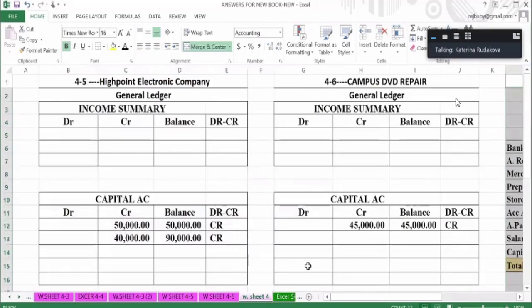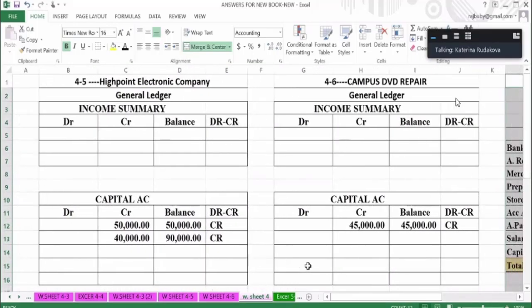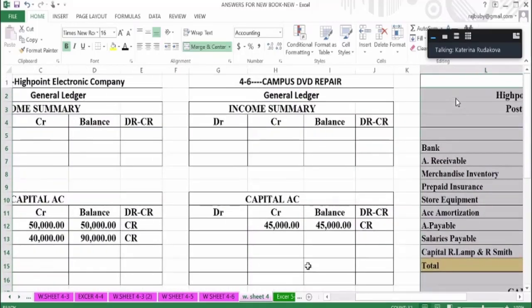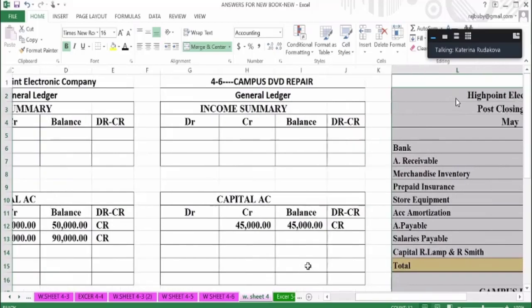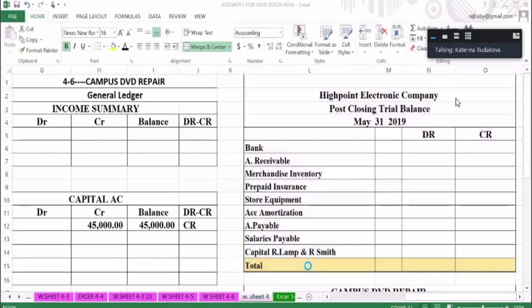Third, close the income summary account to the retained earnings account. If there was a profit in the period, then this entry is a debit to the income summary account and a credit to the retained earnings account. If there was a loss in the period, then this entry is a credit to the income summary account and a debit to the retained earnings account.